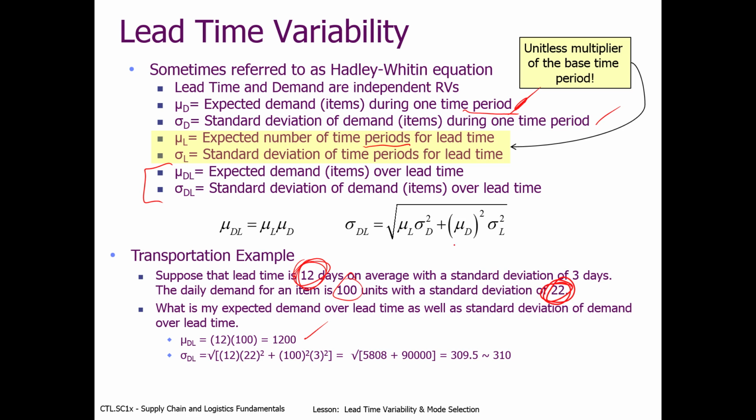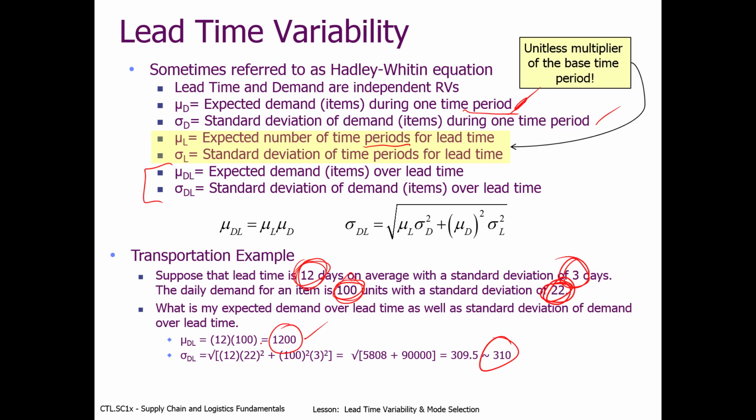Add to that the expected demand squared multiplied by the variance of the lead time, which is just that standard deviation of 3 squared. I'm going to take the square root of that and I get 309.5 or 310. So what have I done? I've determined that the demand over lead time is distributed with an average value, an expected value, of 1200 and a standard deviation of 310.